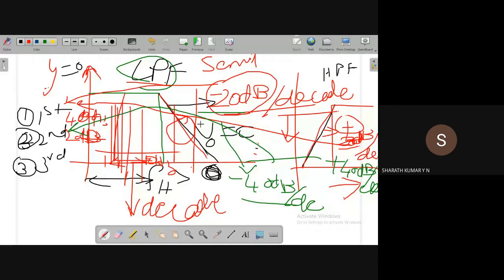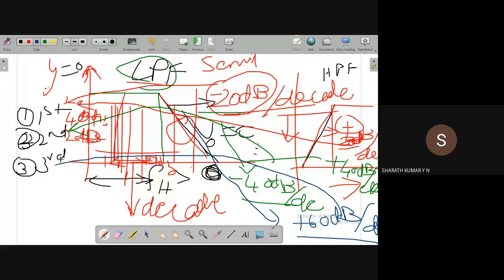Similarly, for a third order filter, the change is minus 60 dB per decade in a low pass filter, or plus 60 dB per decade in a high pass filter. There is a fourth order filter also, whose gain varies at a rate of plus or minus 80 dB per decade: plus for high pass filter, minus for low pass filter.